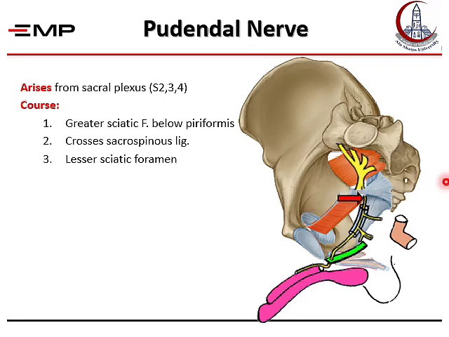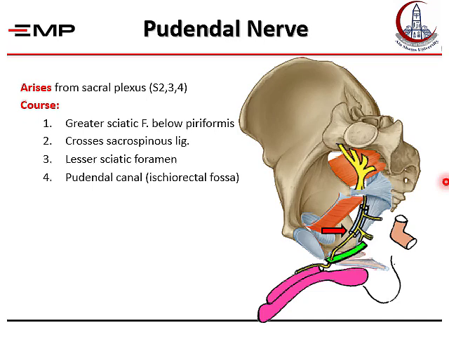It enters through the lesser sciatic foramen, passing from the gluteal region to the perineum. It runs inside the pudendal canal, on the side of the ischiorectal fossa. It is closer to the bone than the internal pudendal artery. That is to say, the artery is medial, the nerve is lateral.